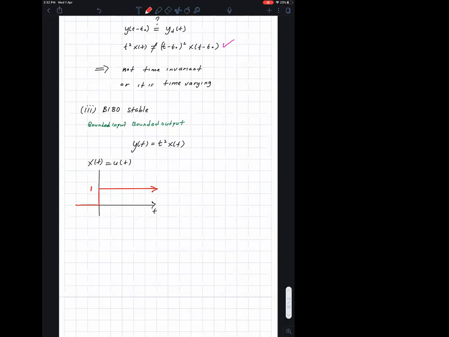The lower value is 0, the upper value is 1. So this is a bounded signal. So we're going to input a bounded signal and find out whether the output is also going to be bounded.